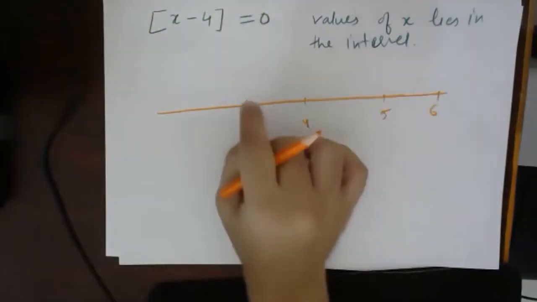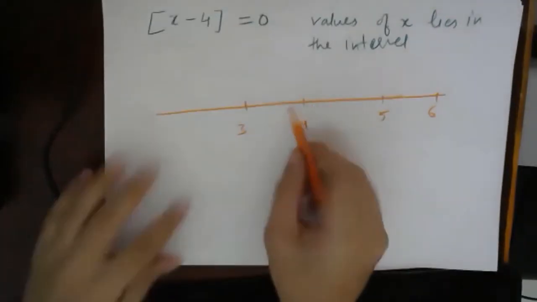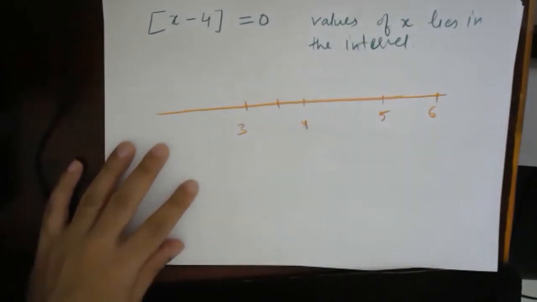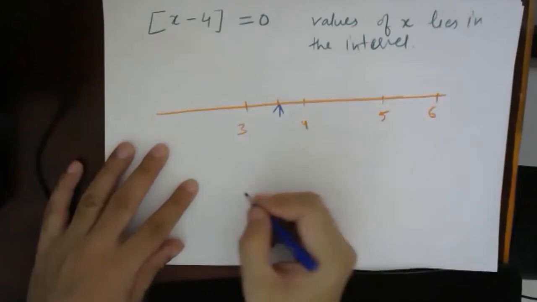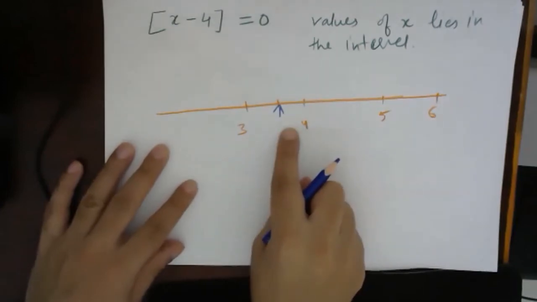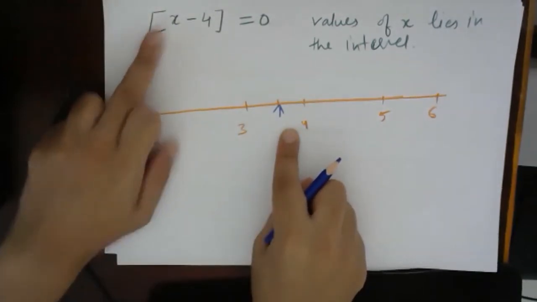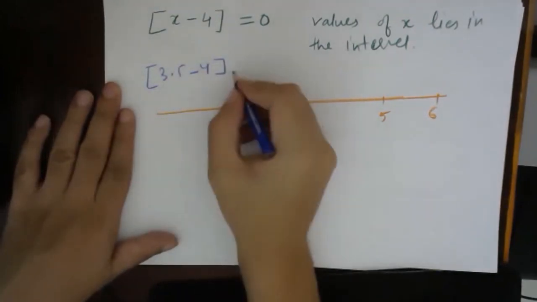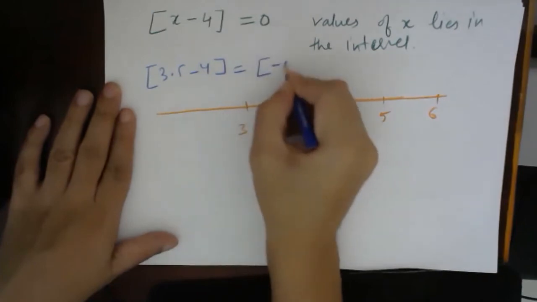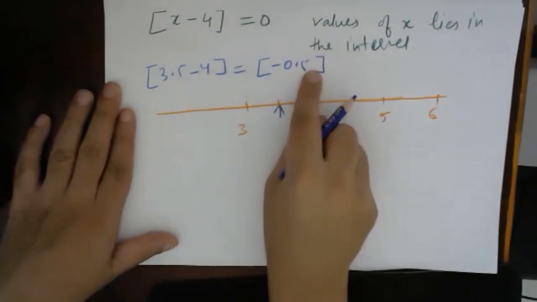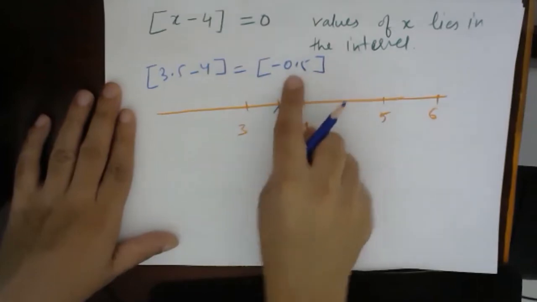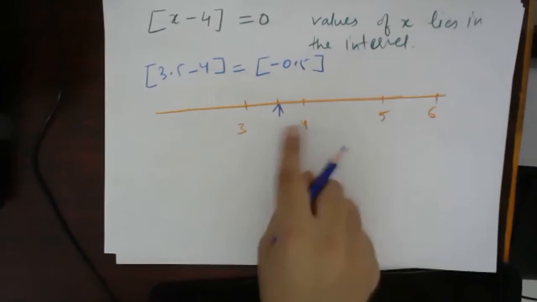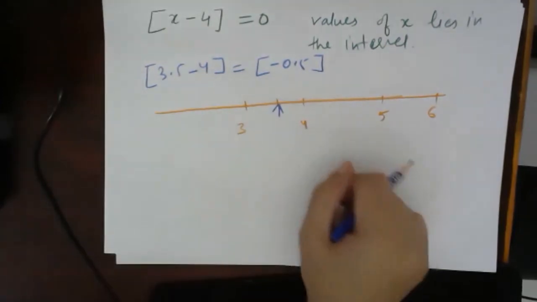Let's take any number between 3 to 4 first. Let's take 3.5. If I substitute 3.5, I get 3.5 minus 4, which is minus 0.5. Is this equal to 0? No. So that means between 3 to 4 I cannot take any number.